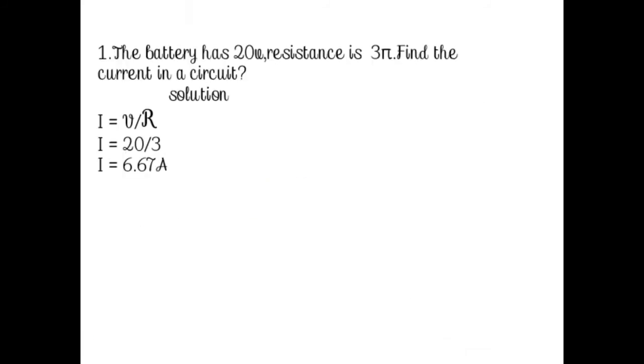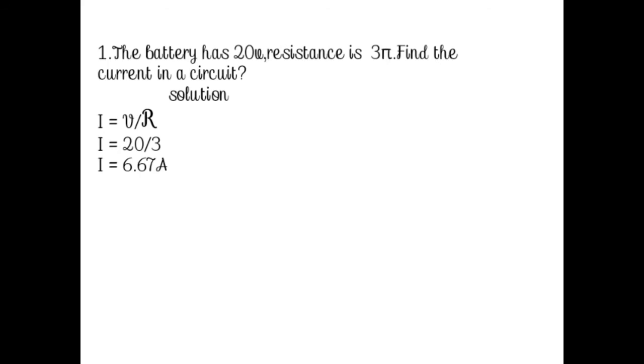So now here is a simple question we can solve. The question reads, the battery has 20 volts, resistance is 3 ohms, find the current in a circuit. Now the formula for current is I, which is current, is equal to V over R, which is voltage over resistance.